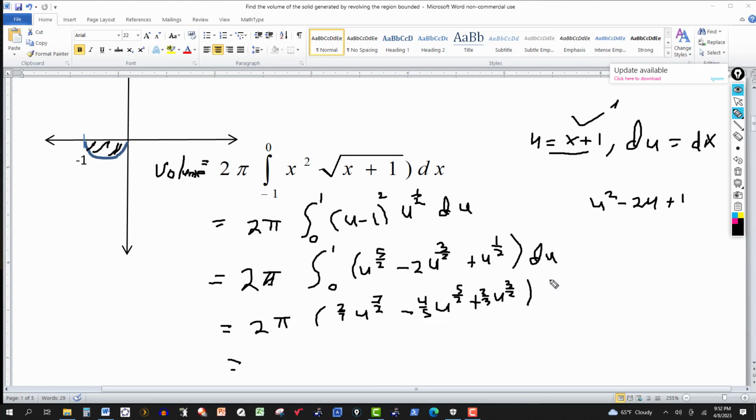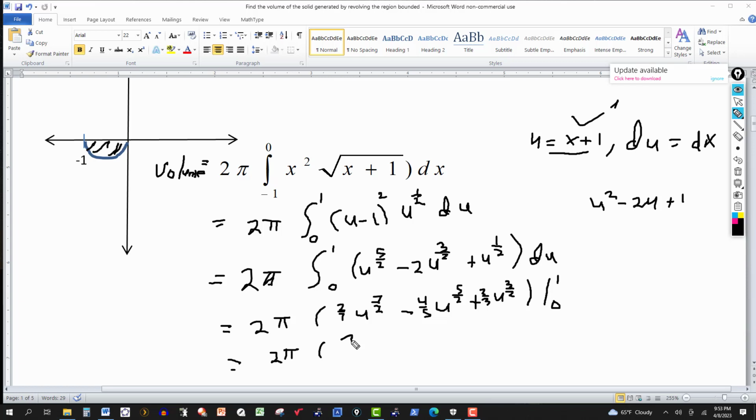So this should be evaluated then using the new limits of integration from 0 to 1. So still got the 2 pi out here. Evaluate everything at 1. So 1 to the 7/2 is going to be 1, u to the 5/2 will be 1, 1 to the 3/2 will be 1.